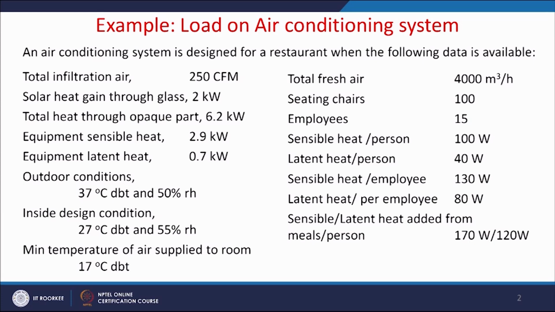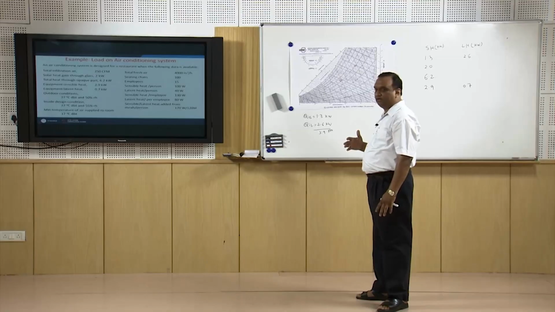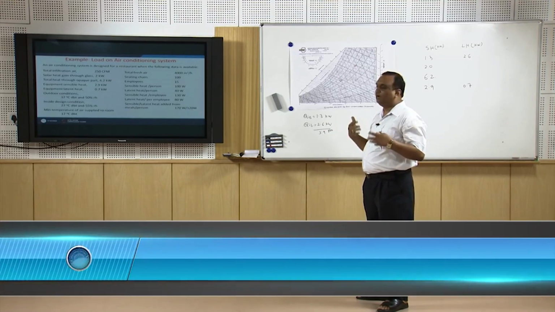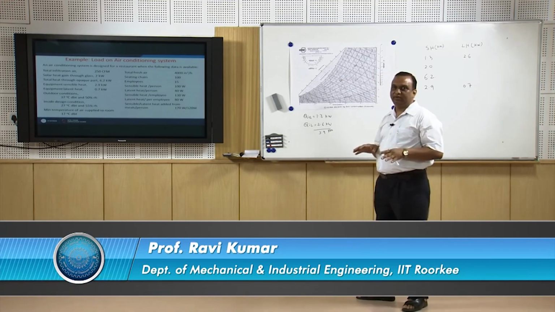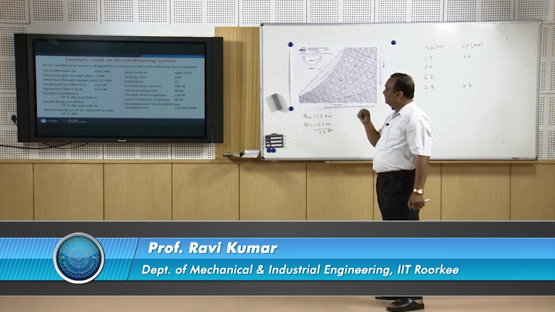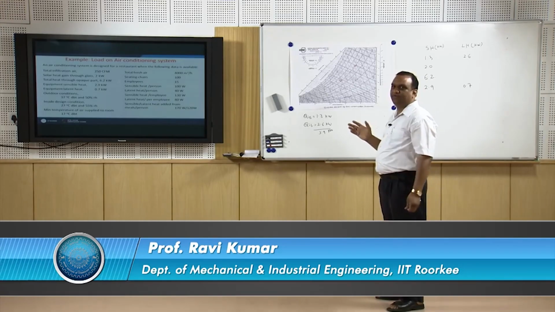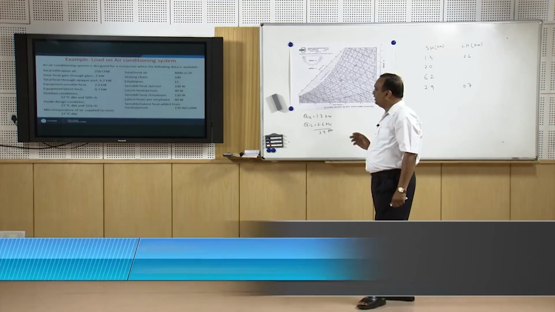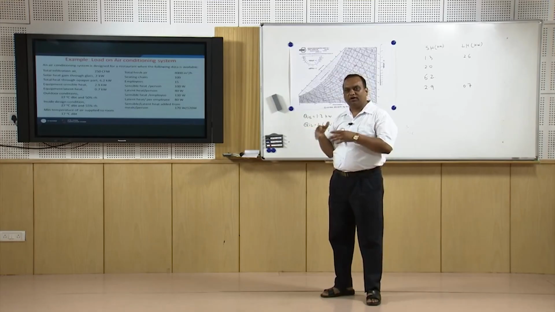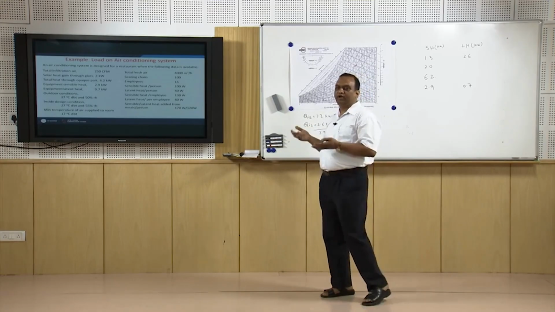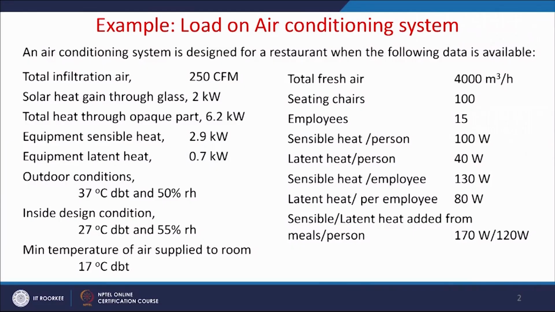And as you know, when we are sitting in a room, we also emit a certain amount of heat, and when a person is not doing anything, just sitting on the chair, then sensible heat addition to the environment is of the order of 100 watts. It means if 10 persons are sitting in a room, they are already contributing 1 kilowatt heating to the room. So here the sensible heat per person is 100 watts, maximum capacity.